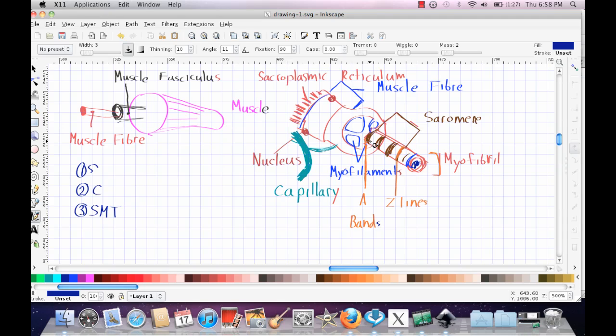Lodged between the myofibrils are mitochondria and many nuclei. Skeletal muscle is multinucleate. A modified membrane called the sarcolemma wraps several myofibrils together to form a muscle fiber. Thick filaments of the sarcomere are made of the protein myosin.